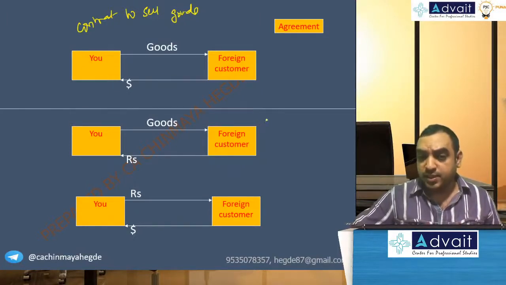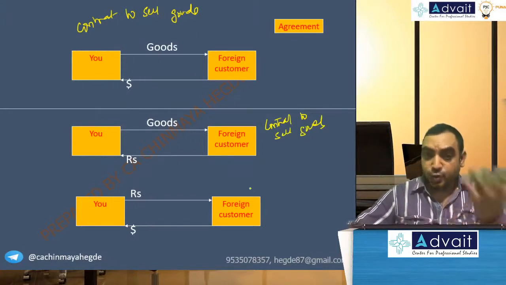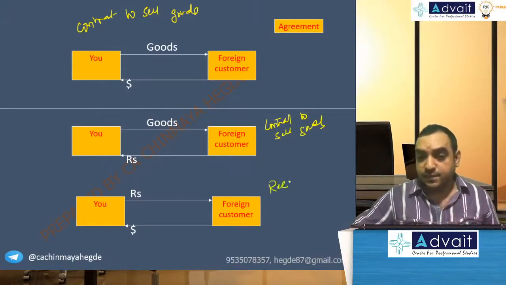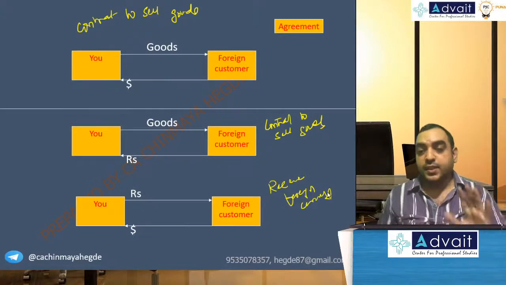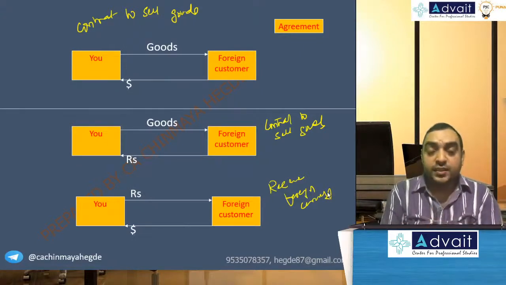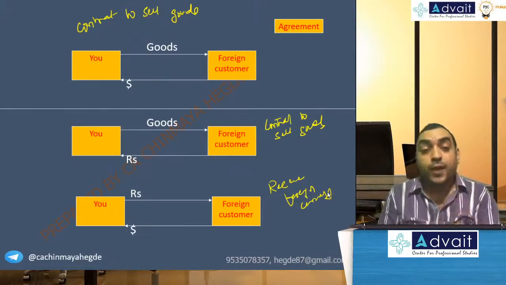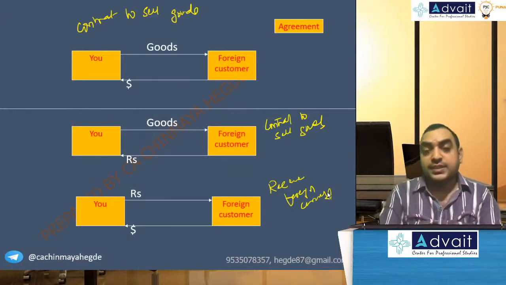This part is the contract to sell goods, and the other part is to receive foreign currency.